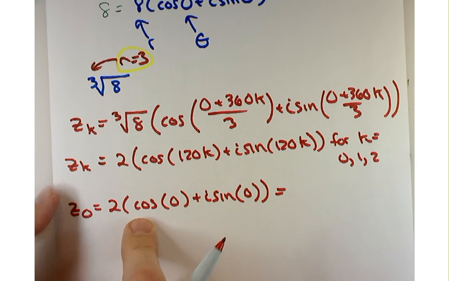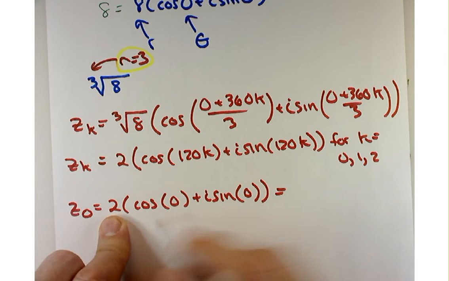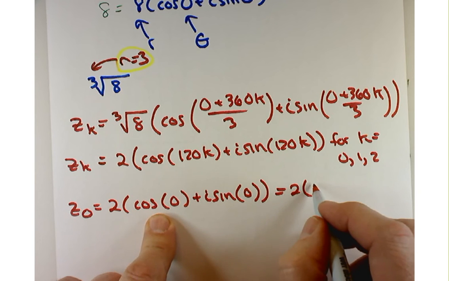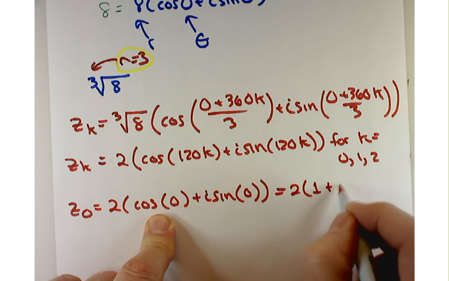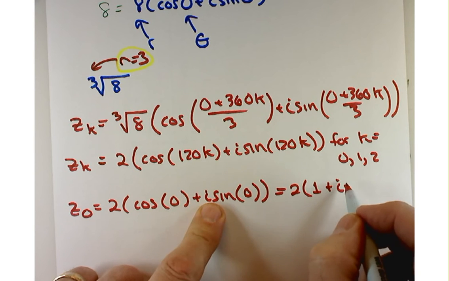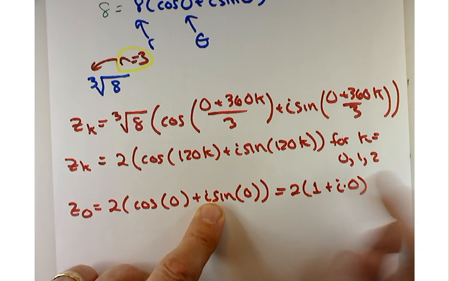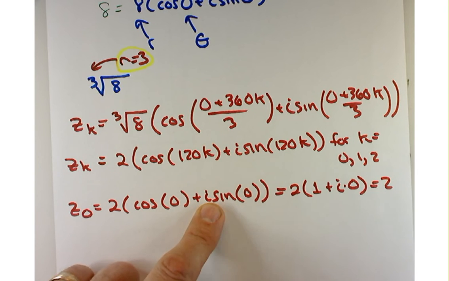Now we can simplify that. That's going to be 2 times, what's the cosine of 0? It's going to be 1. Plus i times sine of 0, which is 0. So this is really 2 times 1, or 2.